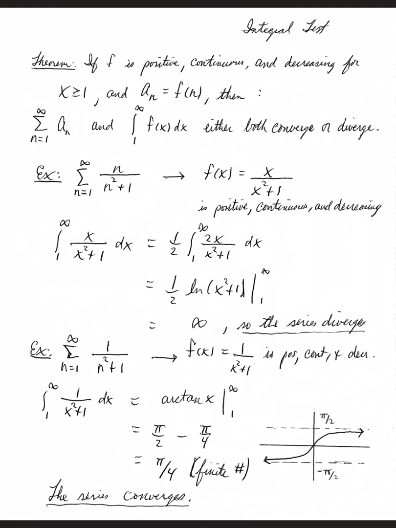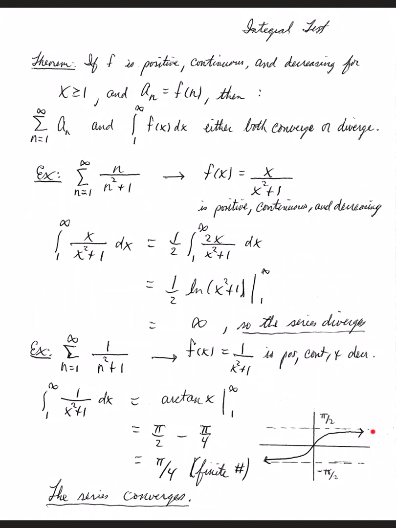Using the integral test, we're going to integrate from 1 to infinity of 1 over x squared plus 1. This fraction has an antiderivative of arctangent. In the bottom right, I re-sketched the graph of arctangent just as a reminder. We've looked at this graph several times.